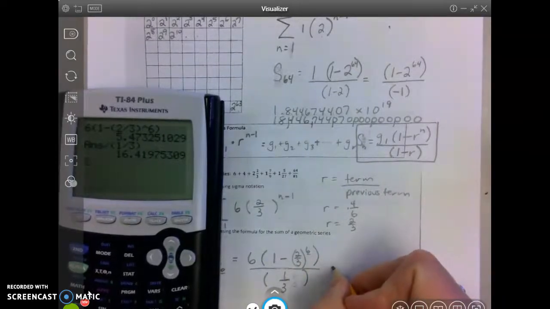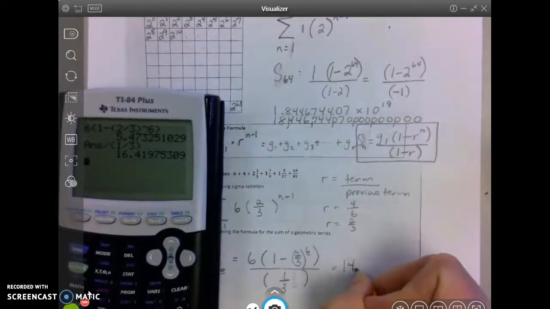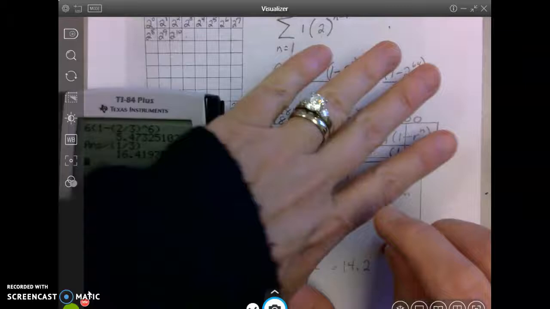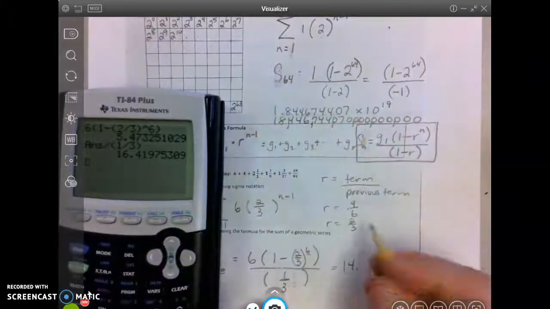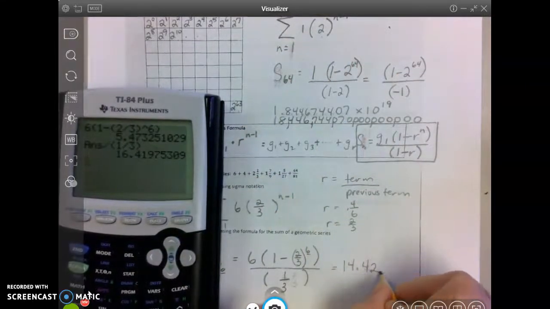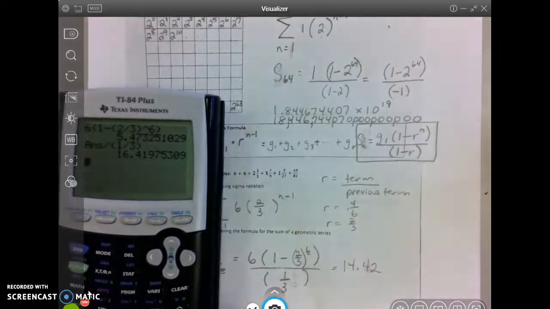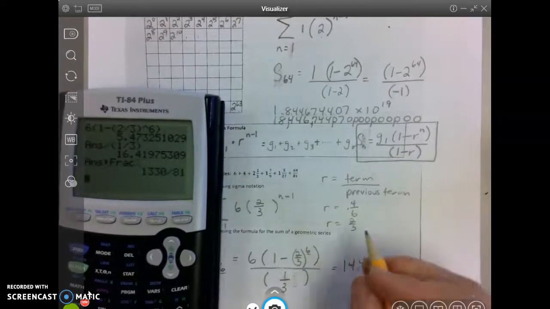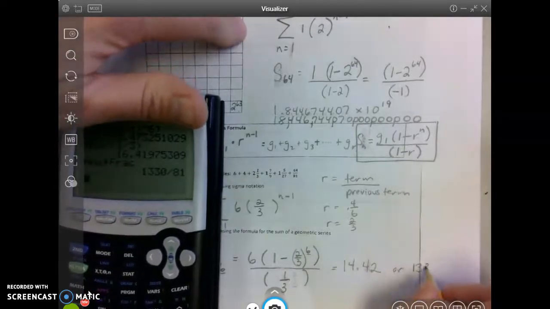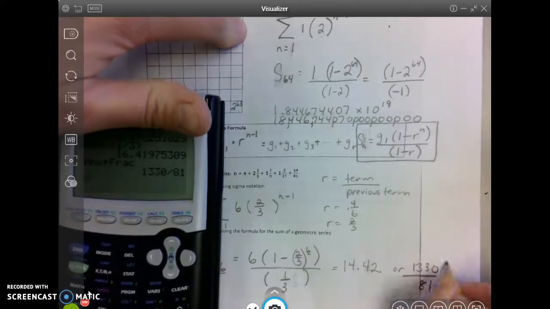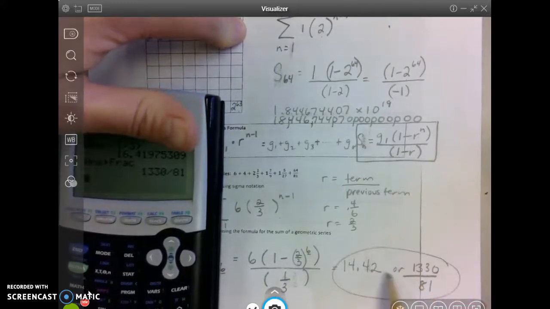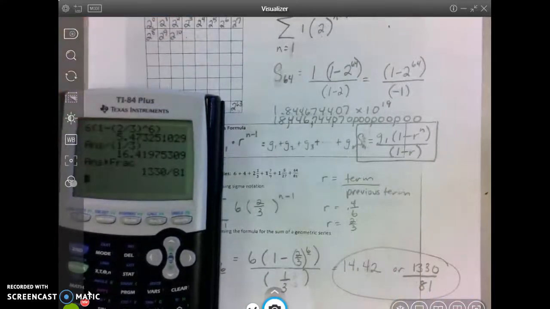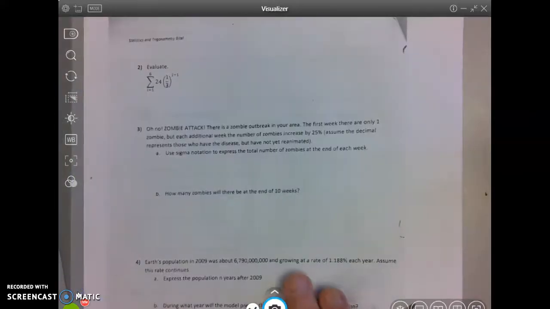All right, and I get 16.42. Okay, I can do math, enter, enter, and I get 1,330/81. So there it is as a decimal. Here it is as a fraction in lowest terms. Let's go to our next one.